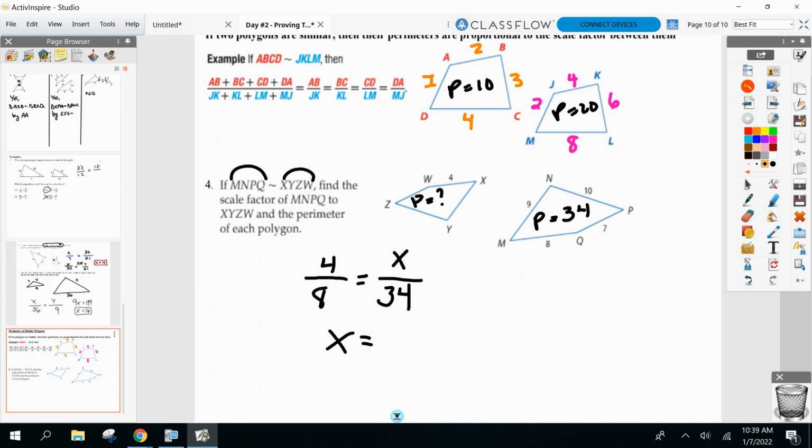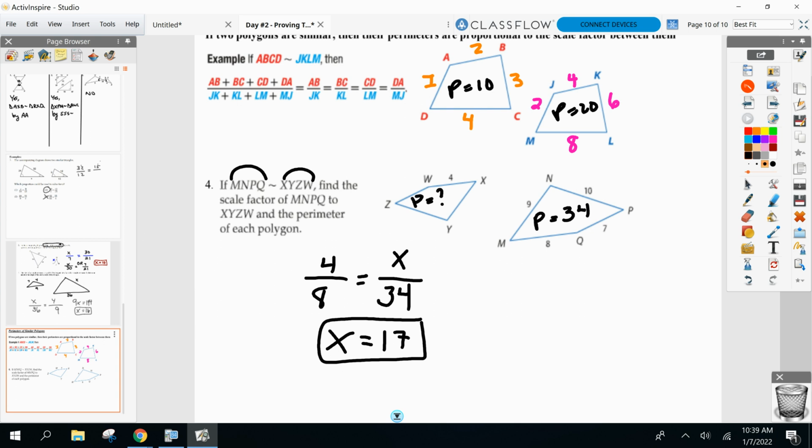X equals, so I got a 17 in the house. Sides and perimeters, same ratio.